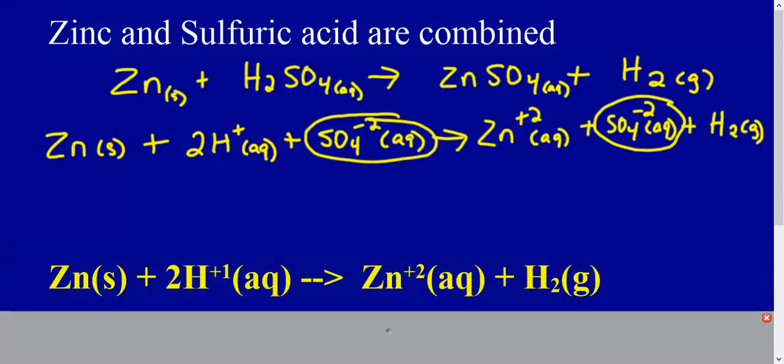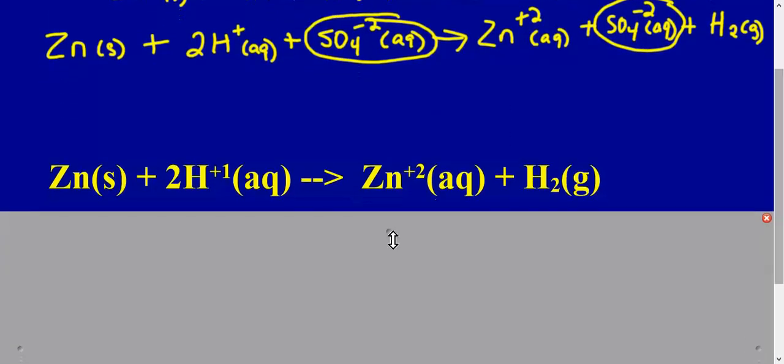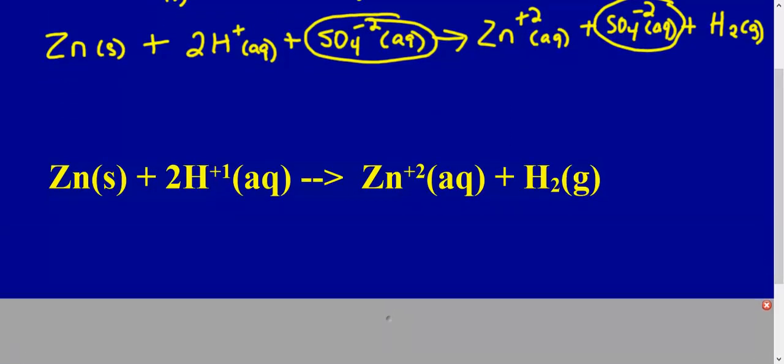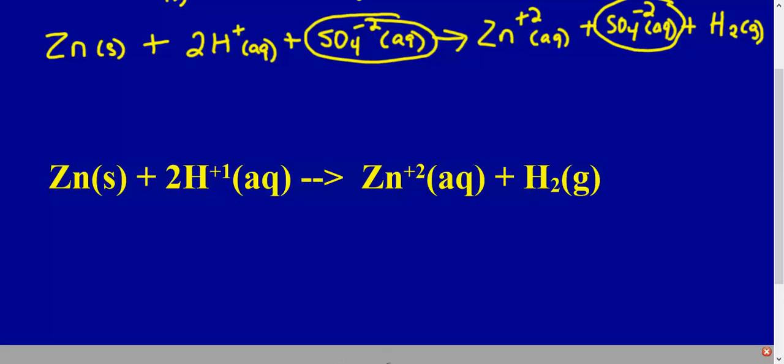Next step, write oxidation, reduction, half reactions. The way to do that is just copy down, separate the zinc and the hydrogen. Copy down the zinc exactly as it appears on this side.